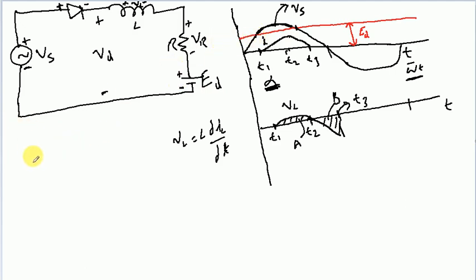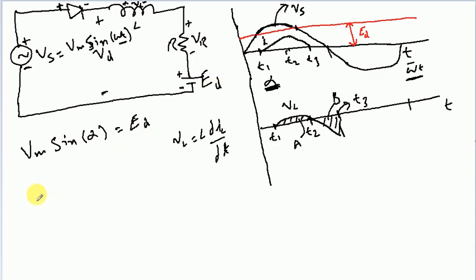This is the point at which these two are equal. So if Vs is equal to, generally speaking, and omega T at this particular point is labeled as alpha, at this point it is equal to this particular voltage.